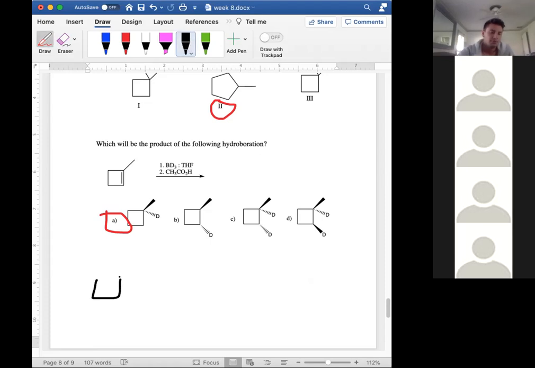So you have, again, your less substituted side, with your boron intermediate here. Typically with hydroboration, that boron intermediate will be replaced with an OH on the less substituted side.